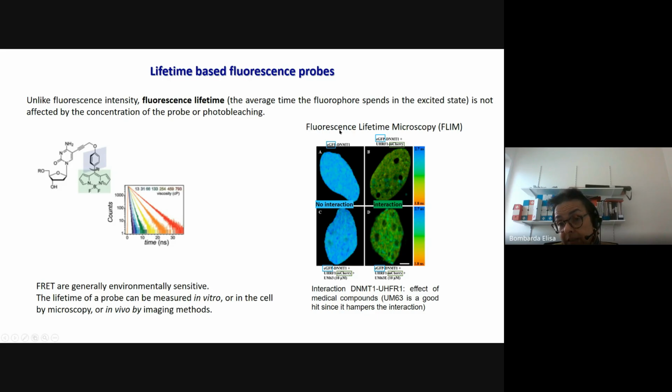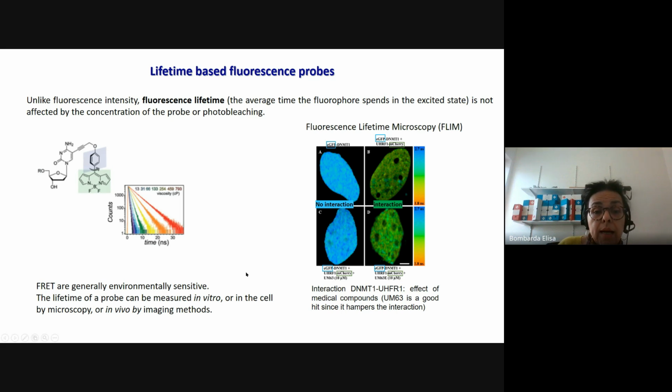So this kind of experiment was useful for deciding that the compound that was added in C is better for such purpose with respect to the other one. And so that is how to use fluorescence lifetime and labeling with fluorescent proteins.